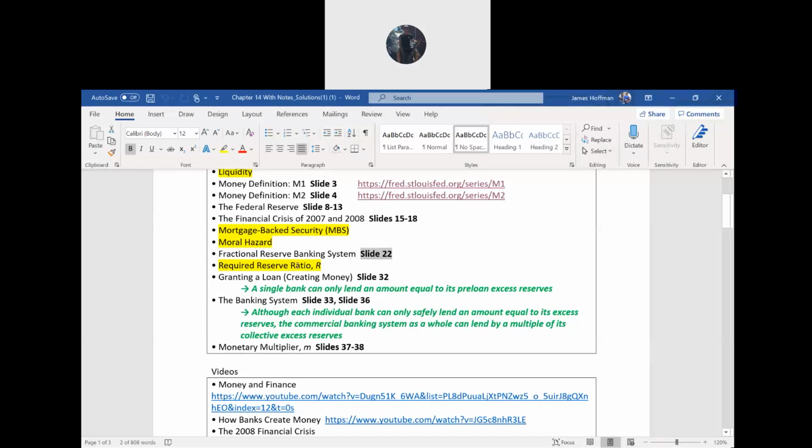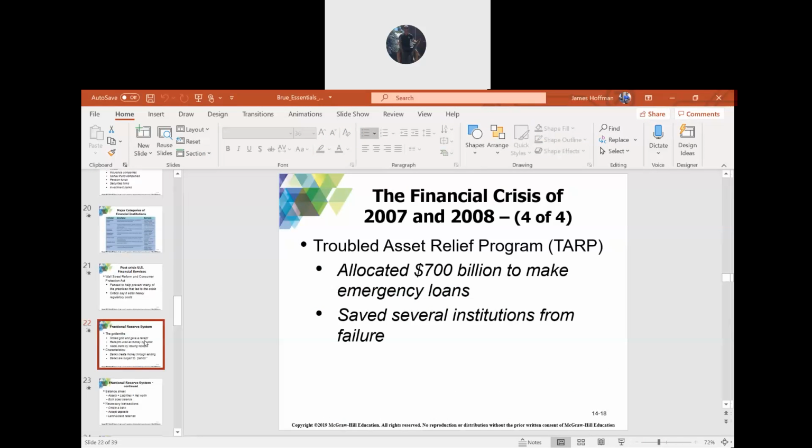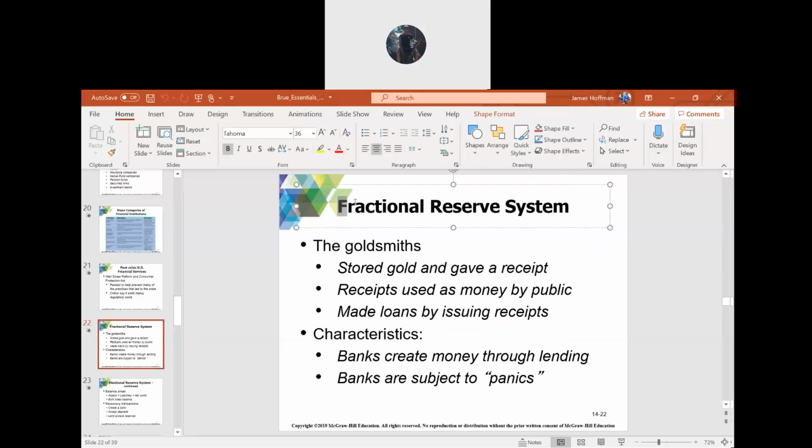Okay, so the banking system we're using in the United States is a fractional reserve banking system. Let's define what that means on slide 22. Our financial system operates under a fractional reserve system, which means that only a fraction of the notes are backed by the system.